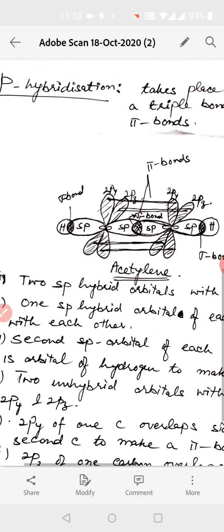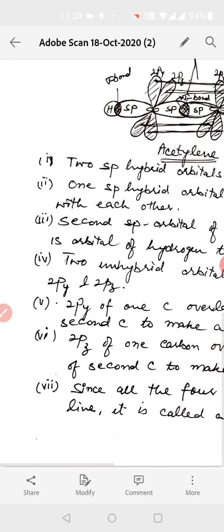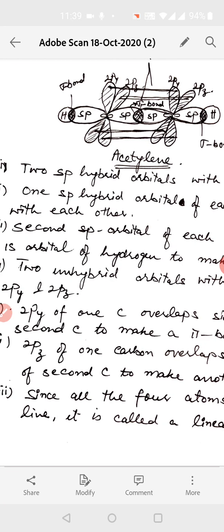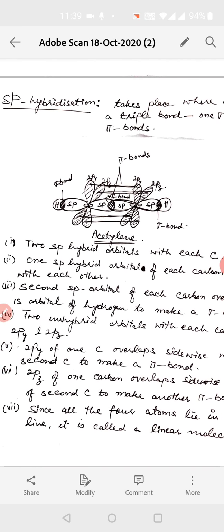Then coming to the detail of this, the s character here is clear, 50% s character, with 2 sp hybrid orbitals on each carbon. Total summary is both the carbons have 2 sp hybrid orbitals. One sp hybrid orbital of each carbon will combine with each other.